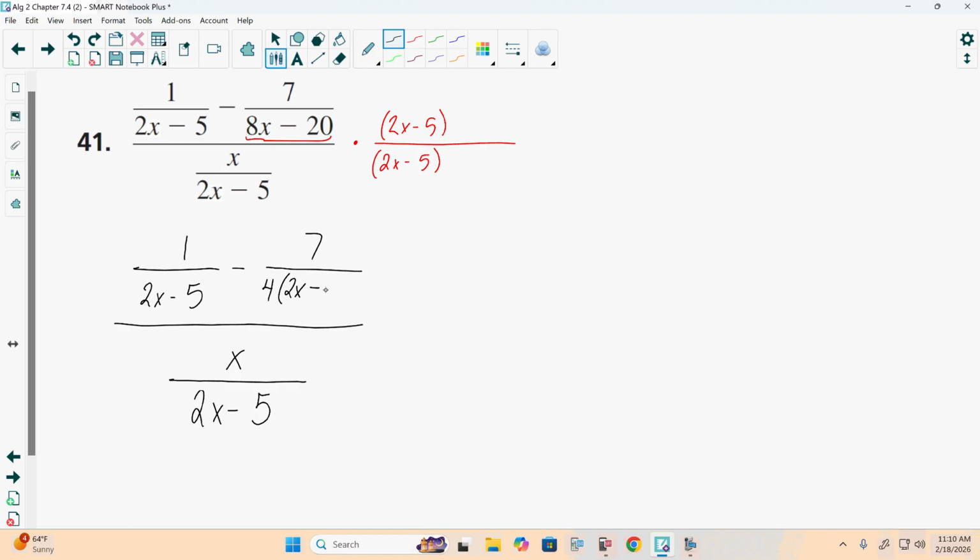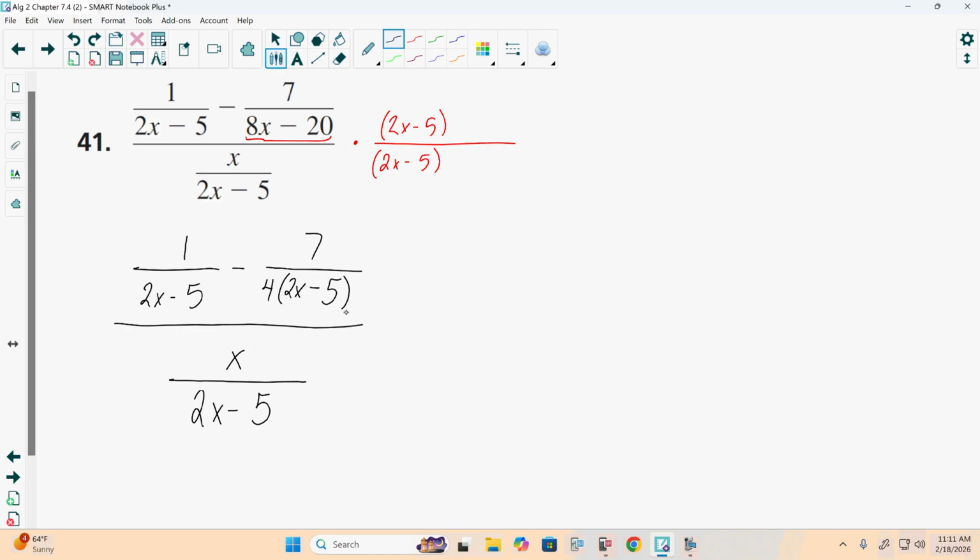Minus, I factor the 4 out of 20, we get 5, so really 8x minus 20 is just 4 times 2x minus 5.